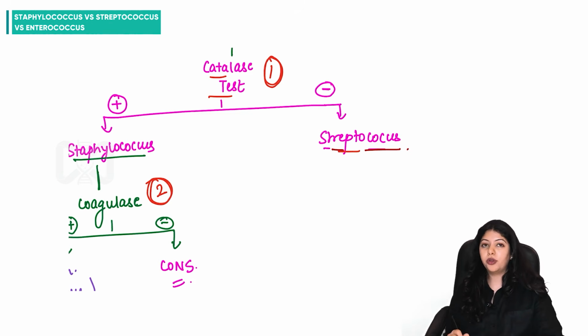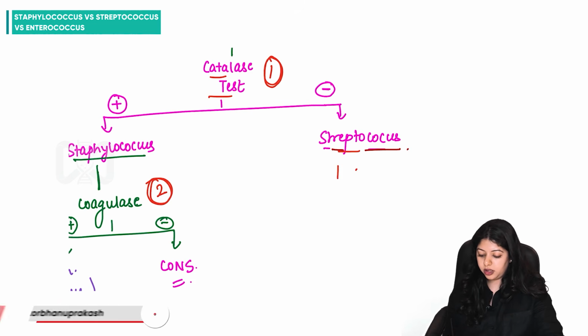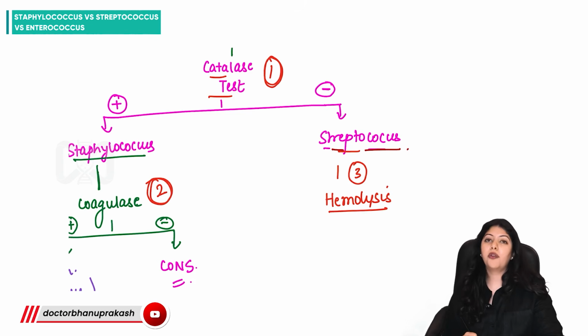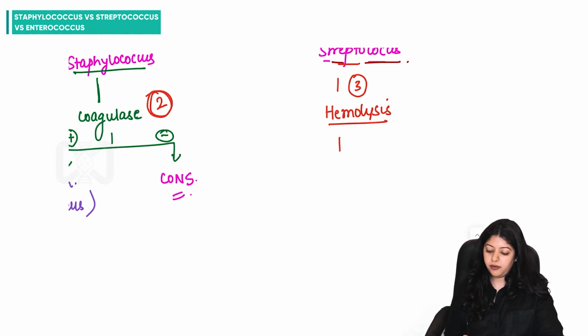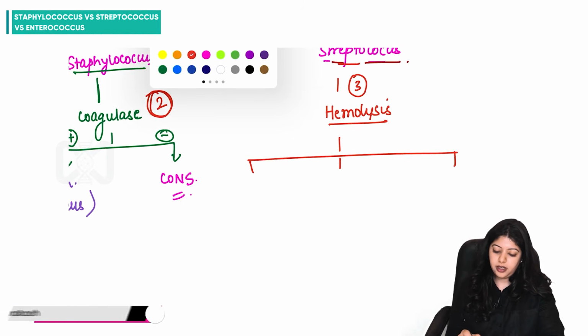And for Streptococcus, for further identification, we will look for the third test, or it is not a test, it is a property shown by certain bacteria. So we will look for hemolysis. Now for hemolysis, we have already discussed that we have three types of hemolysis, right?